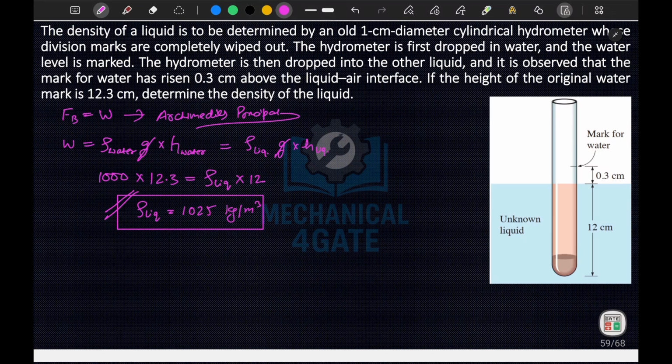Buoyant force is rho g V, the density of the fluid times acceleration due to gravity times the volume of fluid displaced. Oh sorry, I forgot to include the cross section area A into H. This is the volume, A into H. Now A can cancel out. I hope you get this question now. Now we will move into our next question.